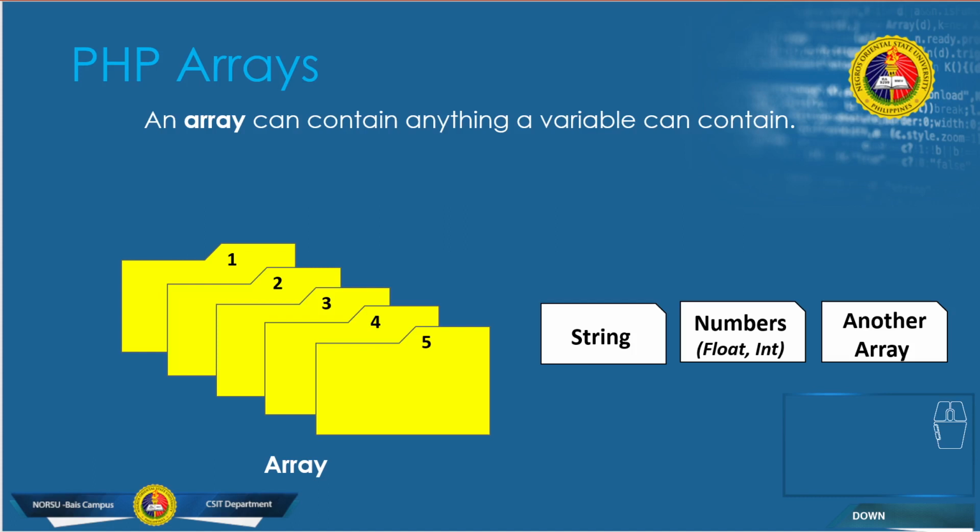Now if you want to open, let's say, your project in Programming 1 or ITS 101. If you want to view your projects that you saved in the ITS 101 folder, then you just have to open that folder. And same case with an array. But instead of labeling it with, let's say, ITS 101, ITS 102, instead of labeling those folders with letters or with words, we're going to label it with, what is it again?